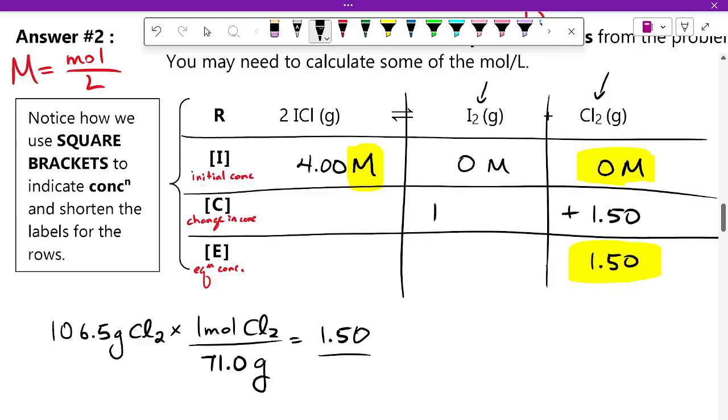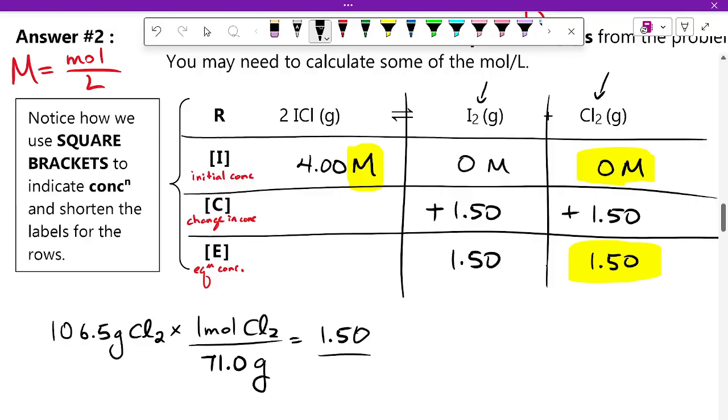What did I2 go up by? 1.50. How did I know that I2 was a plus sign? It's because you draw the up arrow and then it goes up. It's shifting right. It has to be shifting right because if I start with 0, I can't go to a negative concentration, right? I have to be shifting towards the products. So those two have to be going up during the shift. So that's going to be 1.50.